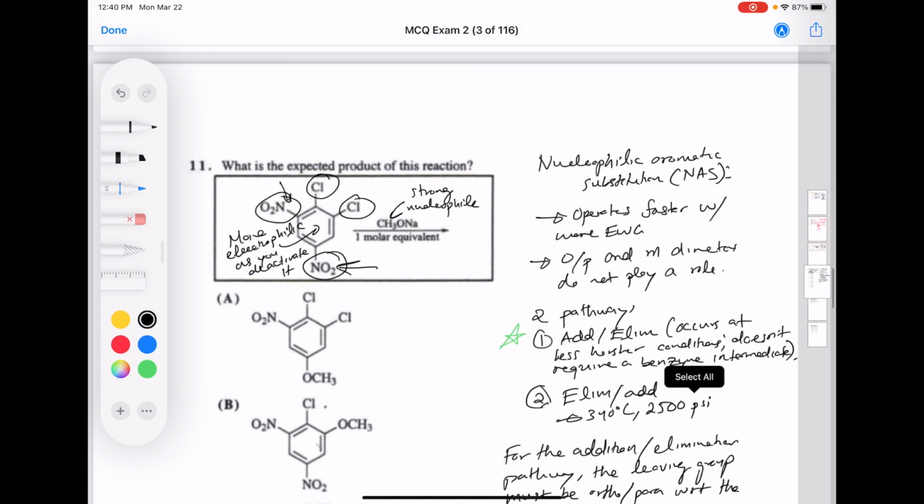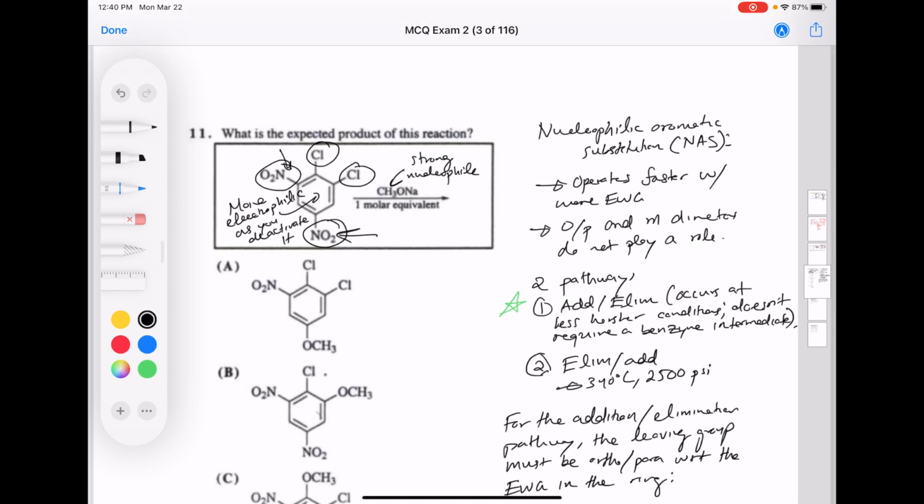So right here we see the NO2 groups, right? So if we consider their ortho and para configurations, I'm just going to clear this out. We see something interesting. So ortho for the NO2 group, let me just mark these in different colors so you don't get confused. So for this NO2 group, there's only one chlorine that's corresponding to this NO2 group, right? And for the other NO2 group, we see that the only chlorine that's corresponding to it in the ortho-para configuration is this one as well, right?